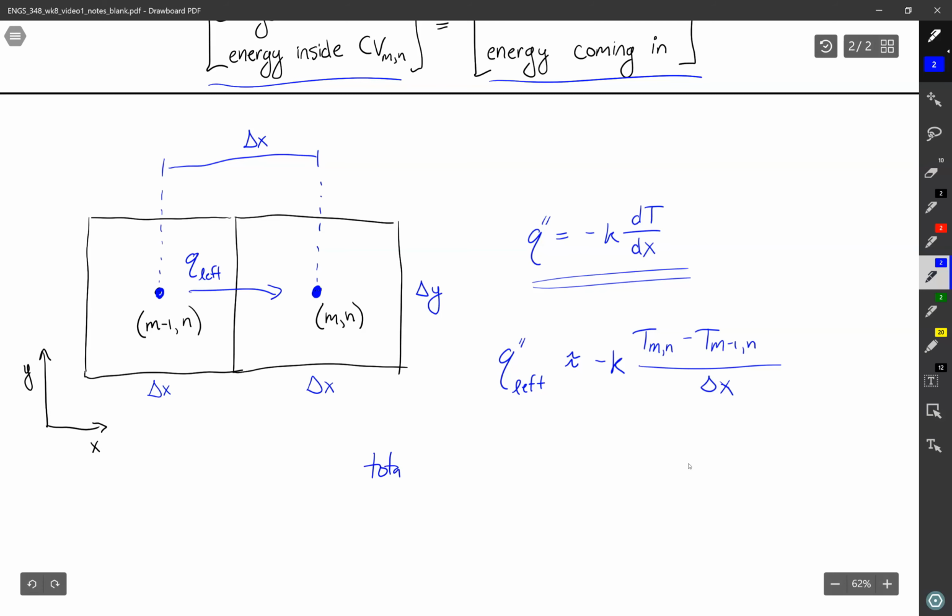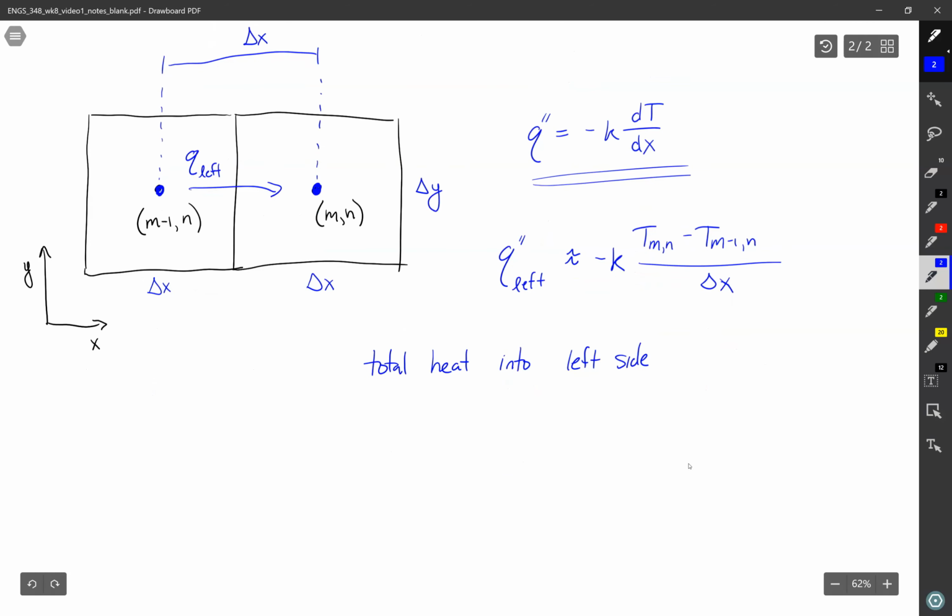So the total heat into the left side, which is Q left, equals the area, delta y, times T_m-1,n minus T_m,n, divided by delta x.